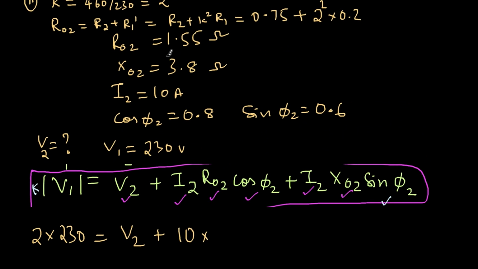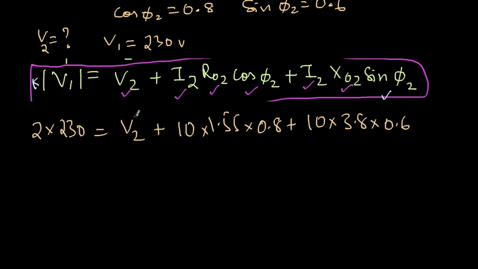R02 we just calculated, 1.55. Cos phi 2 is 0.8. I2 is 10 amperes. X02 is 3.8 and this is 0.6. So from all these things the only unknown is V2, so I can find V2.